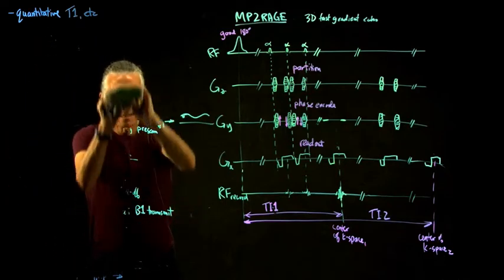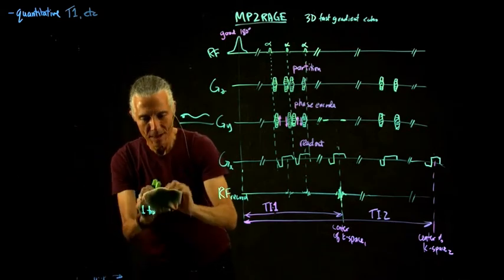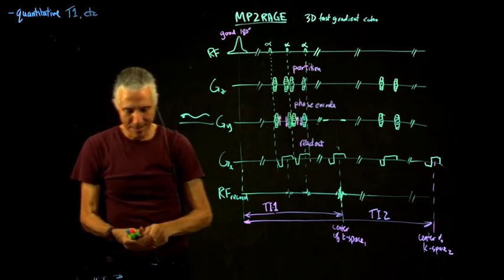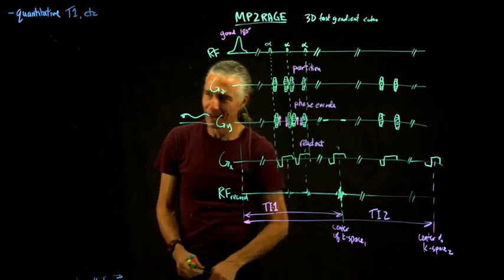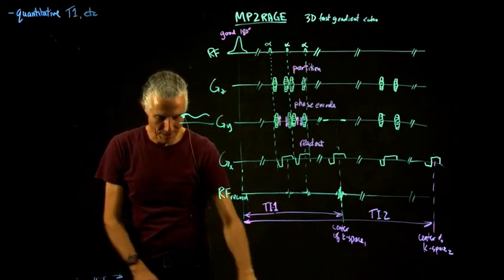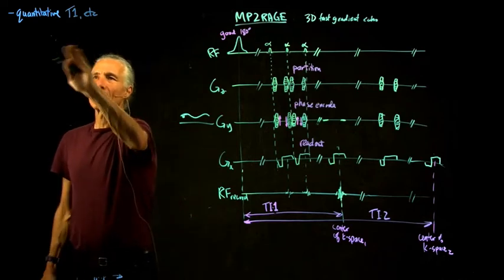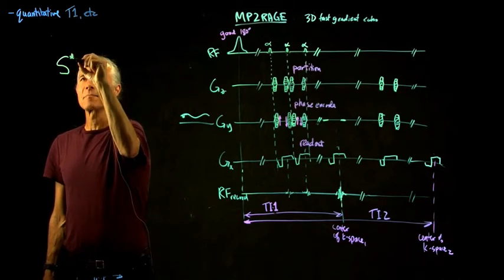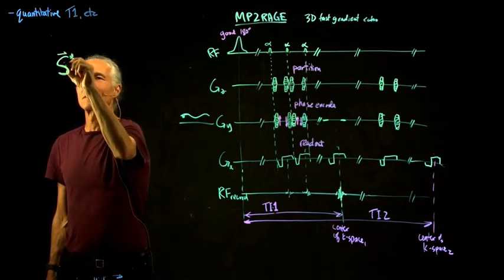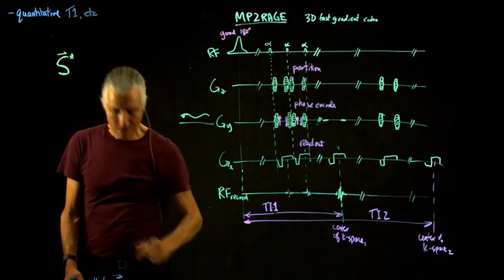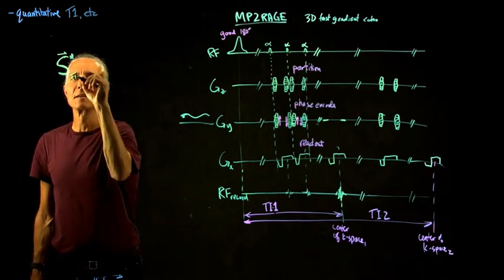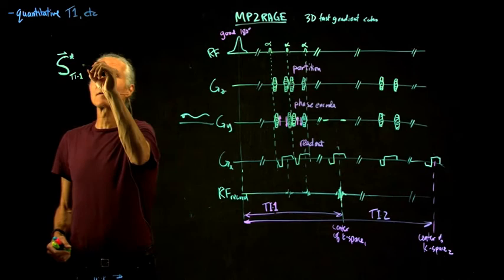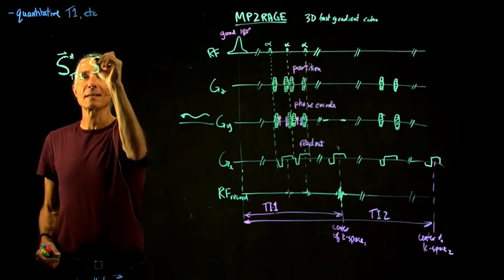And because of weird patent restrictions, we can't get the T1 value and the proton density value out of the scanner. We have to run some MATLAB code, which is freely available, but the scanner itself doesn't do it. But here's what the actual scanner calculates. It takes the complex conjugate of the signal for TI1 and multiplies it by the not complex conjugate of the signal.